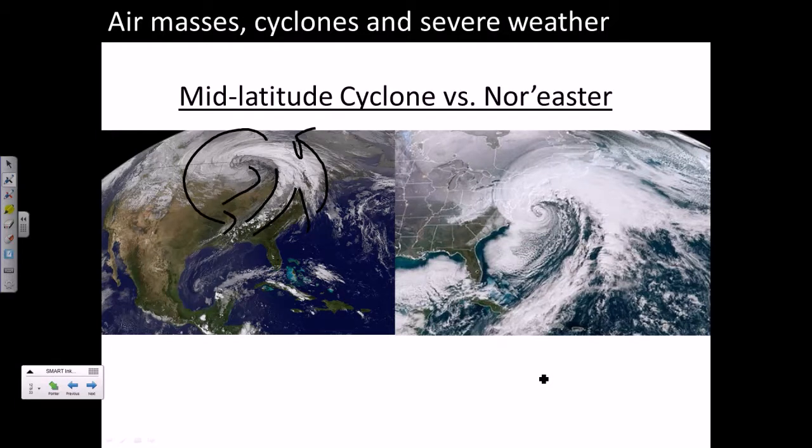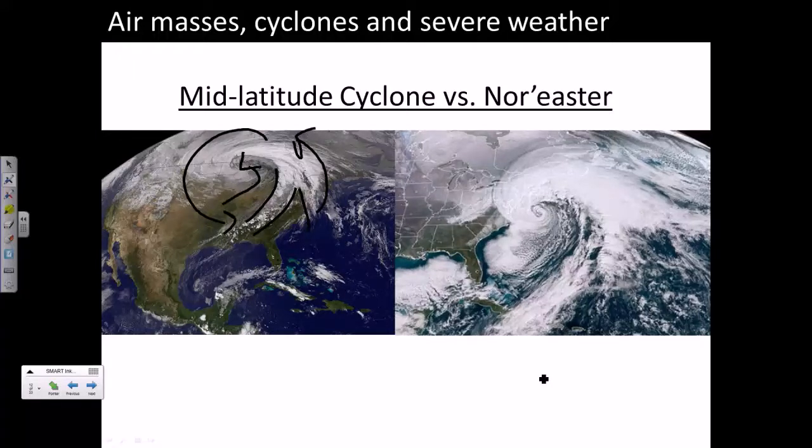Counterclockwise in the northern hemisphere, and it would be opposite of that in the southern hemisphere. Also note that the low pressure zone is here in the center. That's where we see the lowest atmospheric pressures in the system, and that helps to drive this counterclockwise rotation of the system.